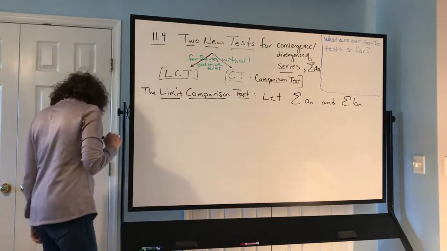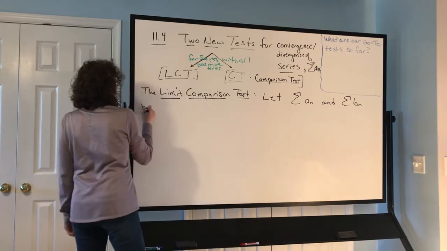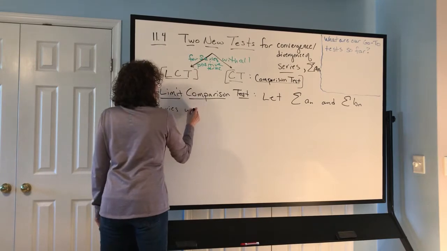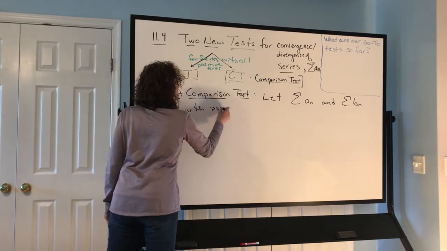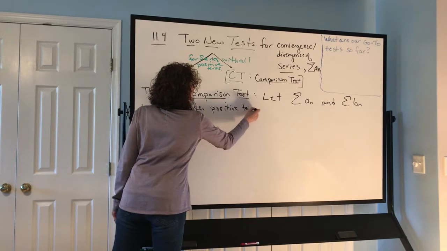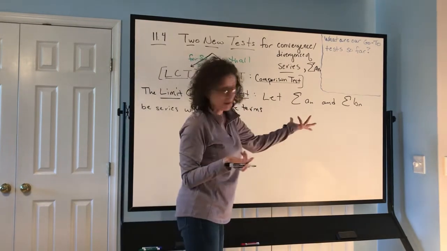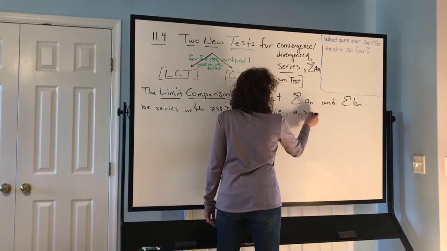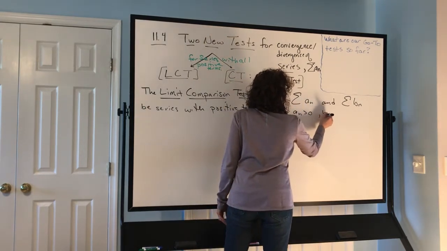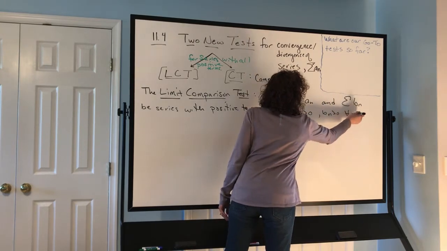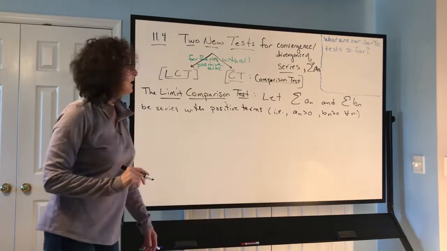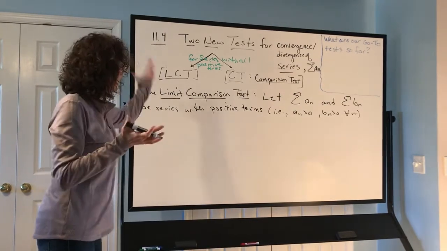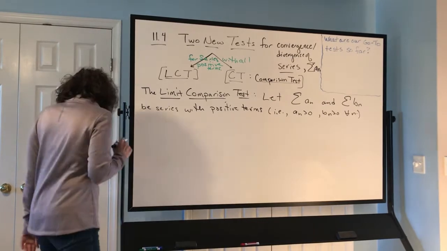So let a_n and b_n both be series with positive terms. What does that mean? It means we're just adding up positive things, right? So, i.e., a_n is positive for all n, and b_n is positive for all n. Okay? So that's the first kicker. If your terms aren't all positive, then you can't be using these tests, okay?